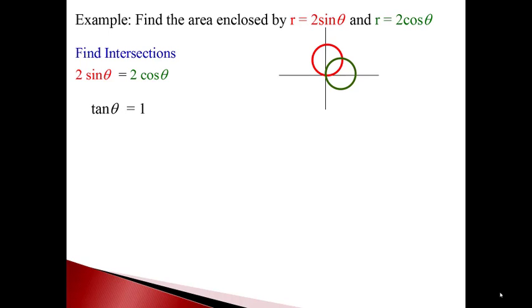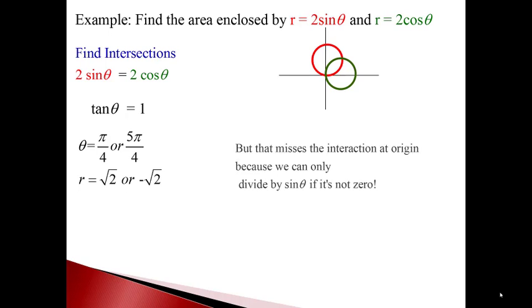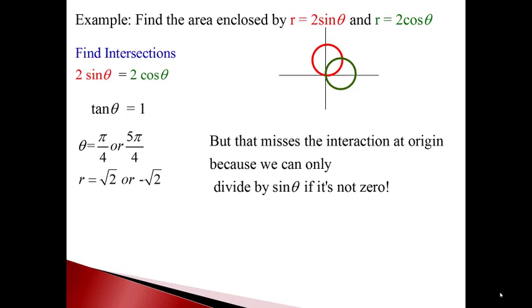It implies tangent of theta equals 1, which results in theta equal pi over 4 or 5 pi over 4, and r equals square root of 2 or minus square root of 2. By looking at the graph, we see that the pole is another point of intersection. So keep in mind that graphing is extremely important in polar coordinates.